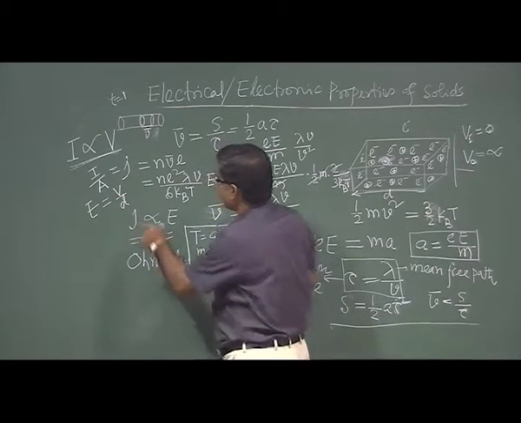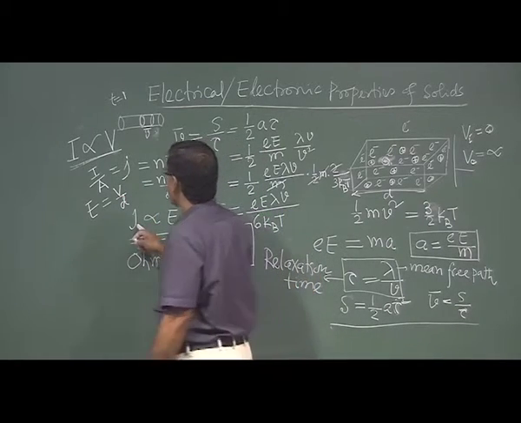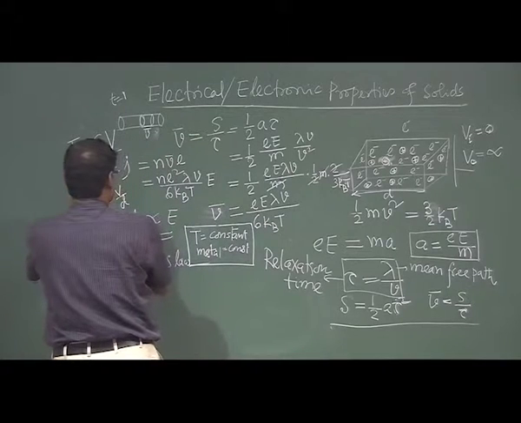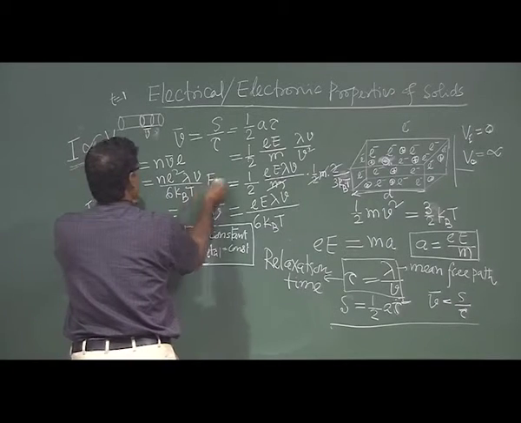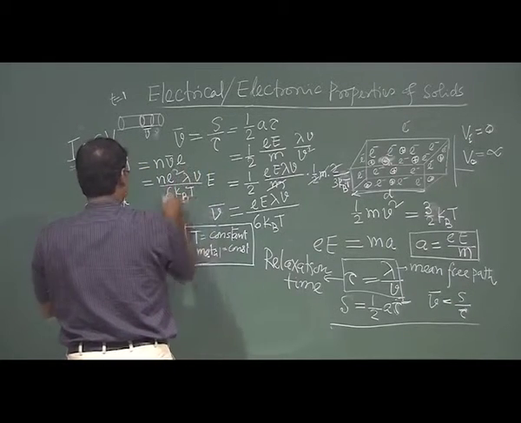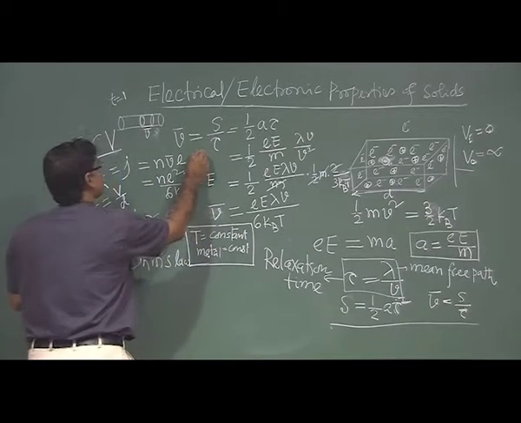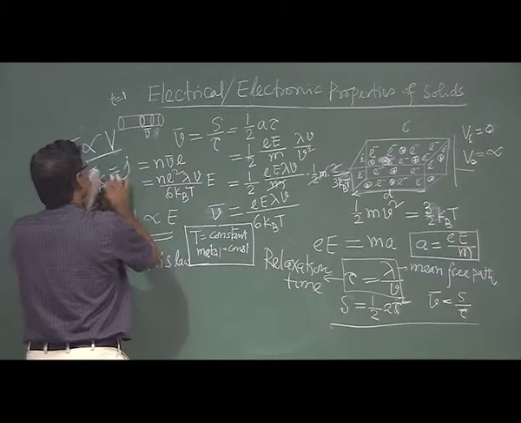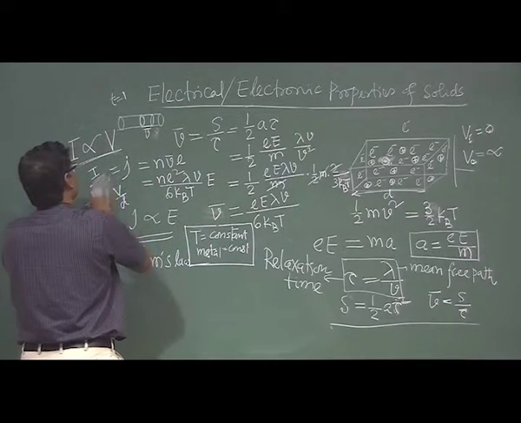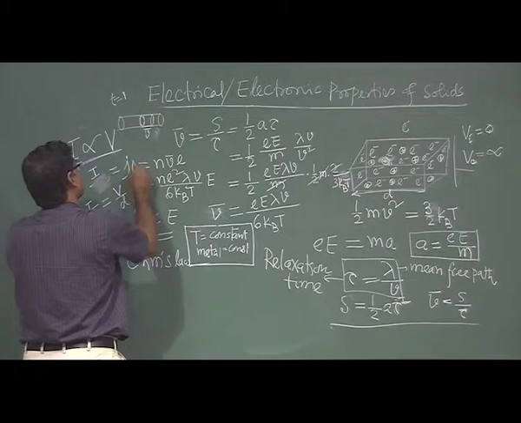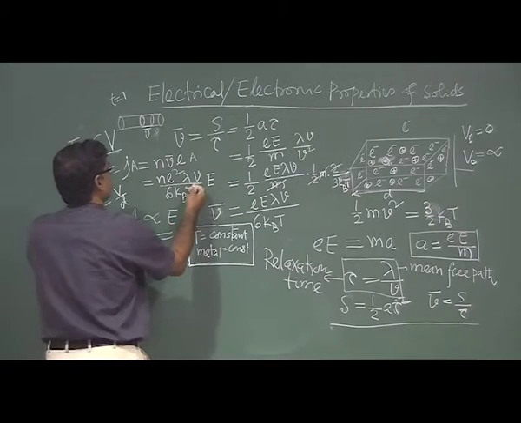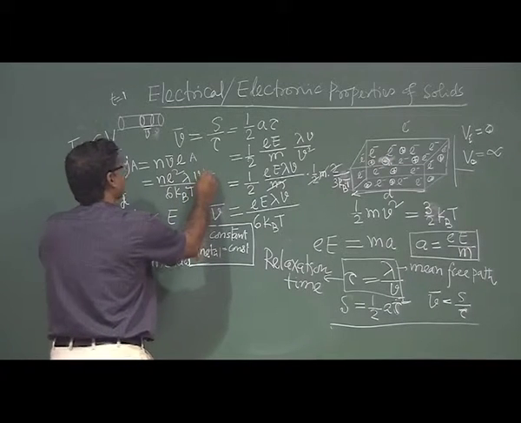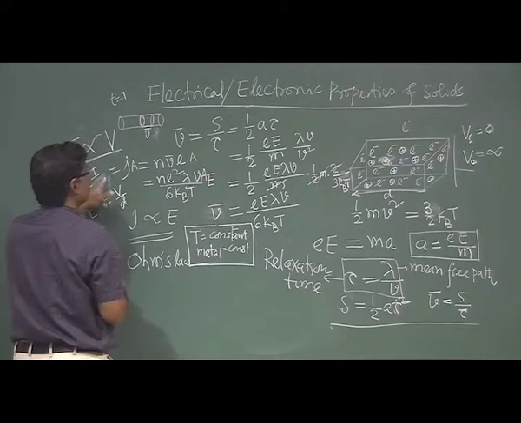So, this is V by D. Fine. Now if I multiply with A on both sides, this will be current, right. Here the A term will come, and this will be current.